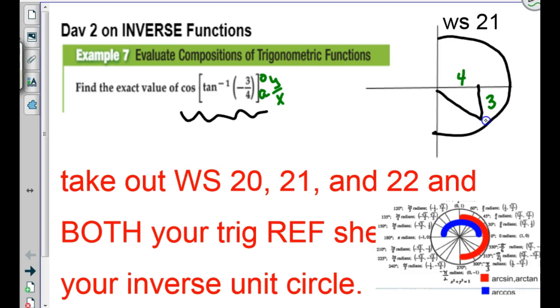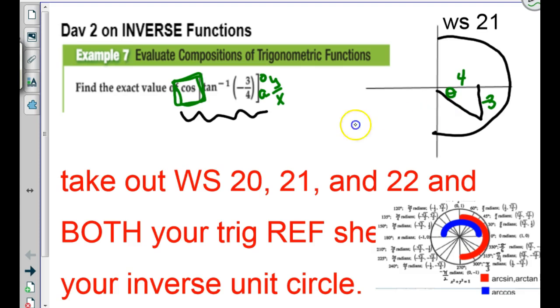And which one gets the negative? Because it went down. Okay. Opposite over adjacent, we're talking about this angle in here. Everybody okay? Then once you've drawn this, one is a 3, 4, 5, because once you've drawn it, we want the cosine, which is adjacent over hypotenuse, or x over r.